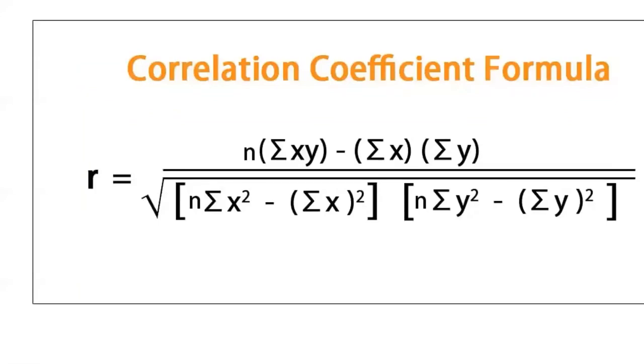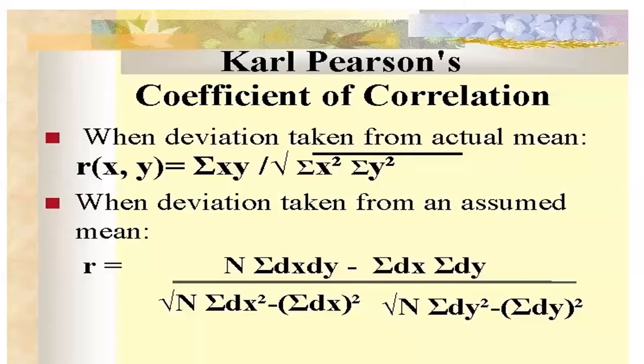R is equal to summation xy minus summation x into summation y, the whole divided by the square root of [n summation x square minus (summation x) whole square], and in another bracket [n summation y square minus (summation y) whole square]. Okay, so this is the correlation coefficient formula.